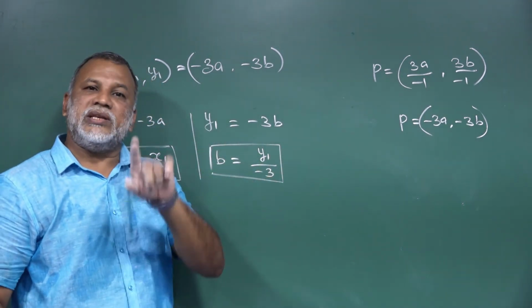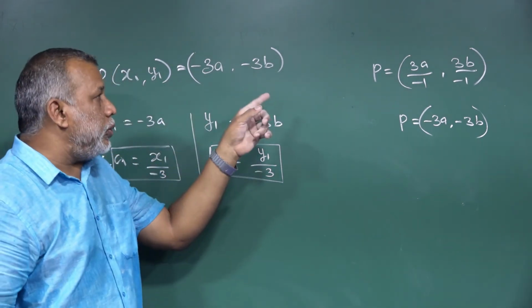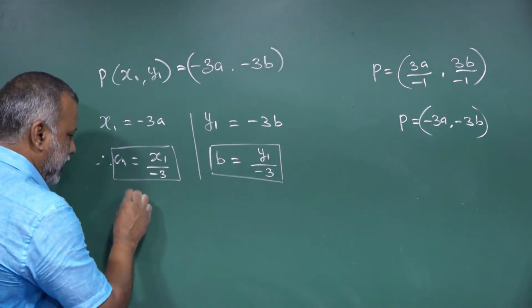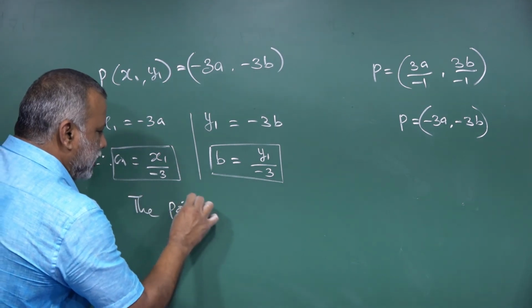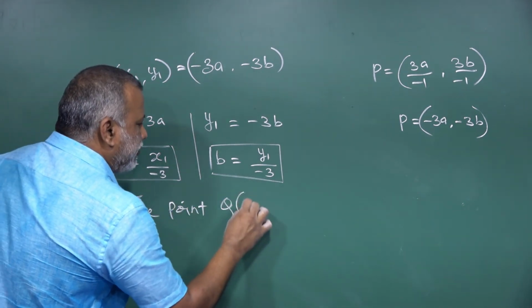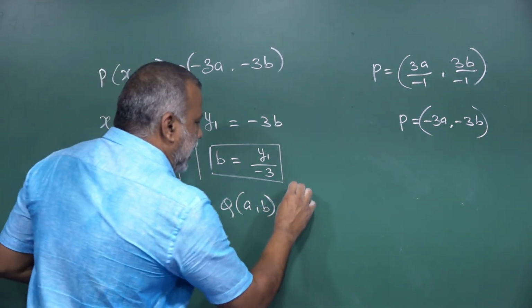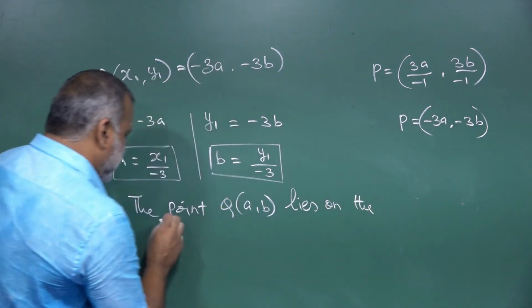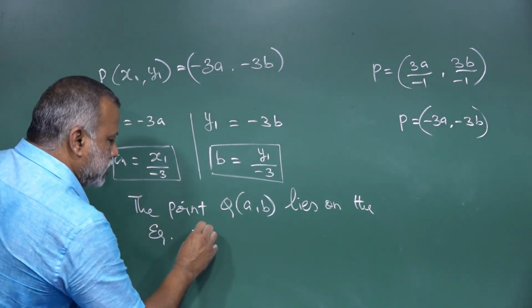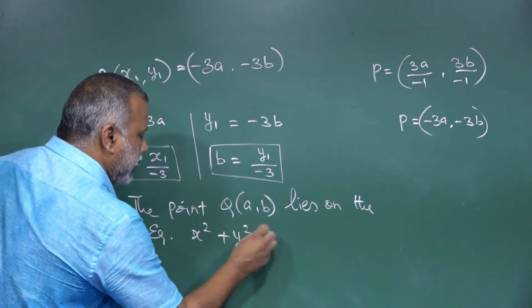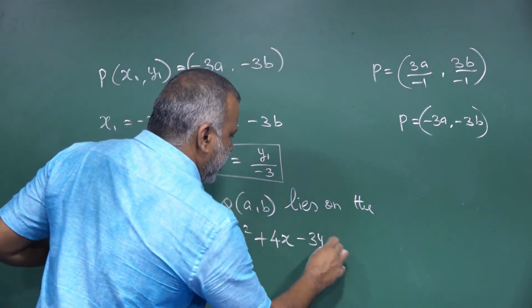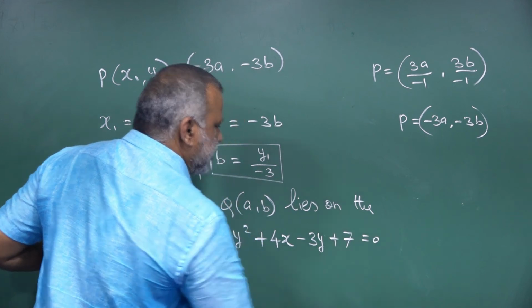Now, listen. What is the meaning of Q? The point Q of a comma b lies on the locus. Therefore, we can say the point Q of a comma b lies on the equation x squared plus y squared plus 4x minus 3y plus 7 equal to 0.